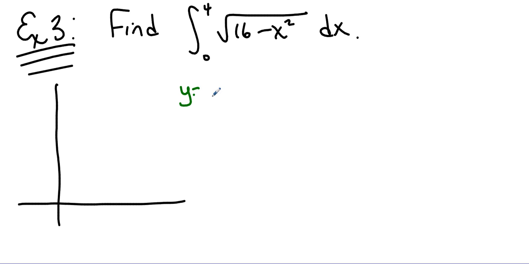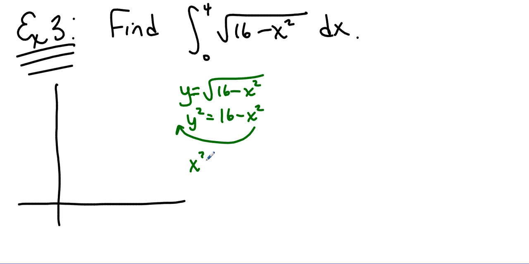So this is y equals the square root of 16 minus x squared, which means this, which means this. The graph is part of a circle.